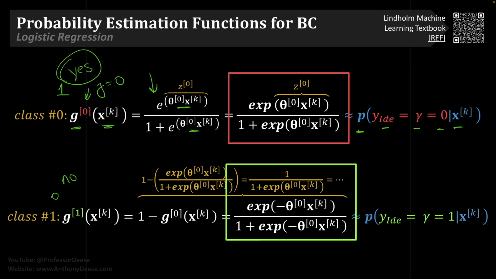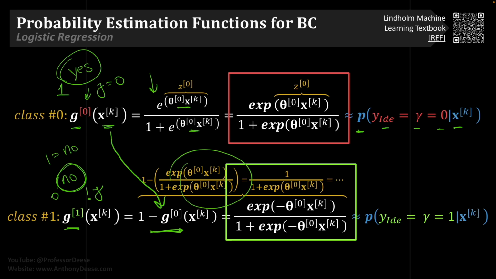Now we know that the other classification, which is no in this case, where I guess counterintuitively 1 equals no, right? The probability of this is equivalent to the not gamma, is 1 minus this probability up here. Now, I'm not going to go into all this math, but essentially the result that we end up with is e to the negative theta 0. So note here that we're trying to define the probability of a classification of 1, but we use the theta values associated with 0.